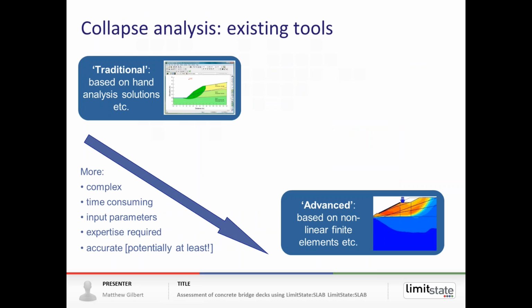What we find if we look at the range of existing tools for collapse analysis, whatever the sector in civil engineering at least, is they fall into two distinct camps. At one end, we have traditional tools which are based on hand methods, so very simple assumptions often made that underpin hand calculations that may have been embedded in a simple spreadsheet or in a simple standalone software program.